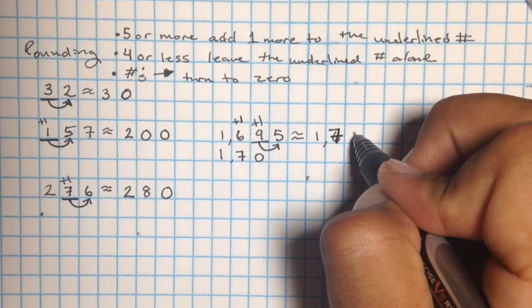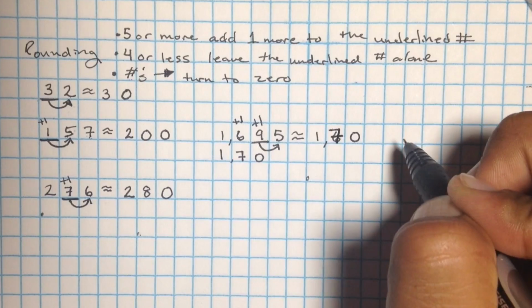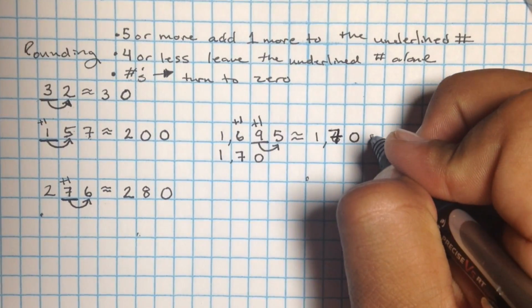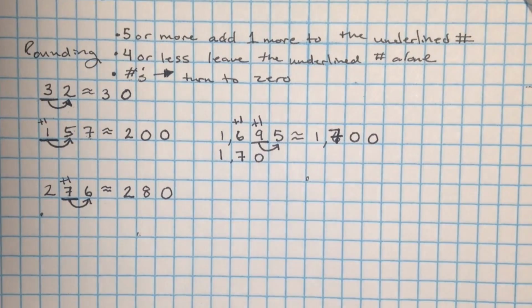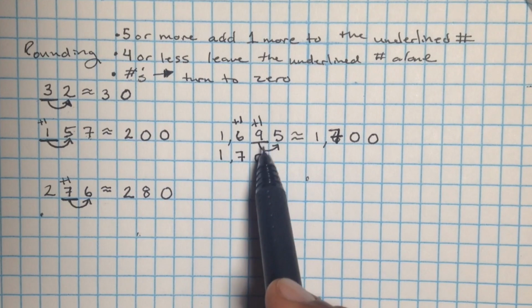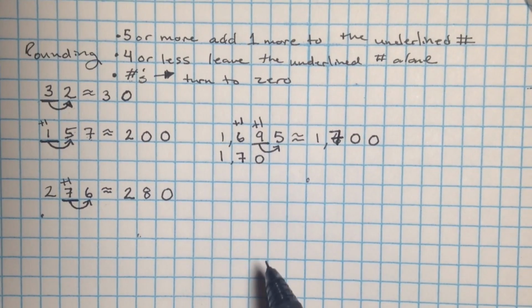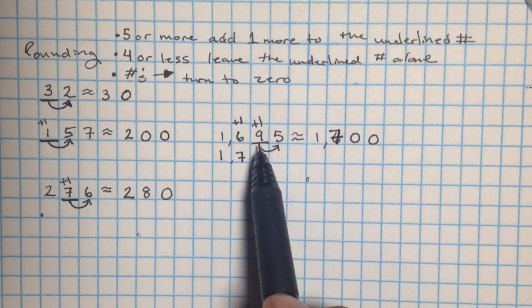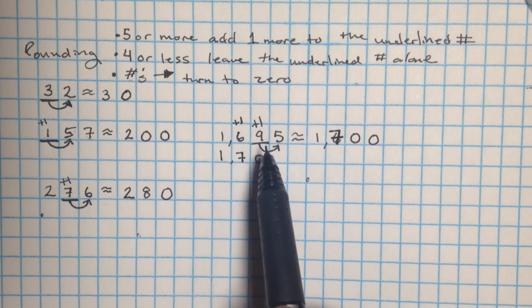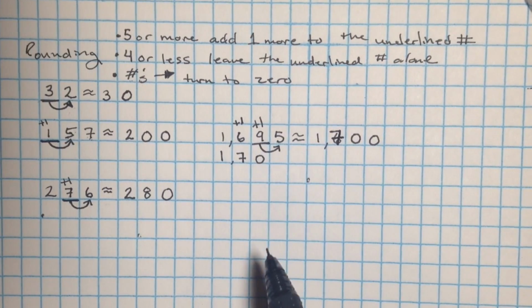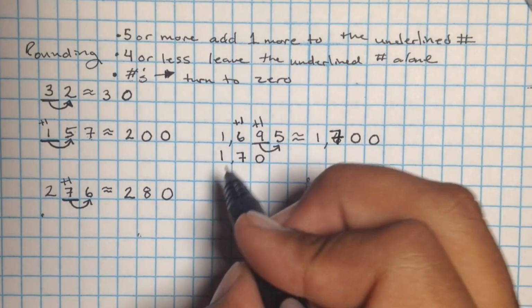That 9 turned into 0 because we added 1 more and became a 10. And that 5, all the numbers to the right turned to a 0. Gotta be real careful about that one. When we go ahead and add 1 more and it turns into a 10, it changes the next number. So 1,695 rounded to the nearest 10 will actually round to 1,700. Let's try one last one.